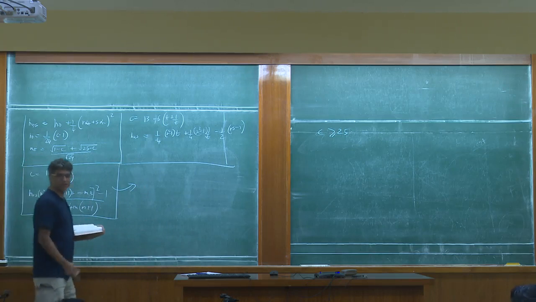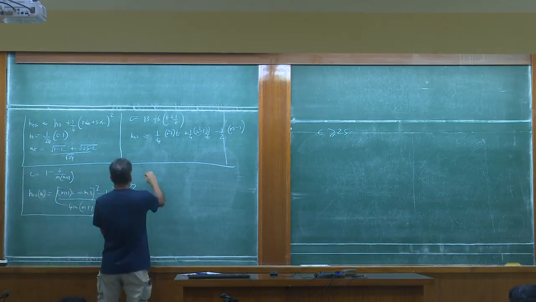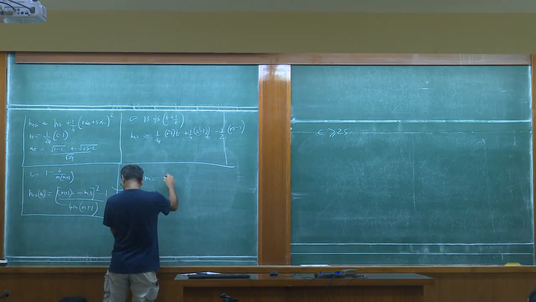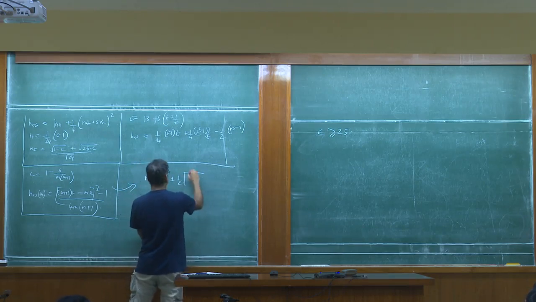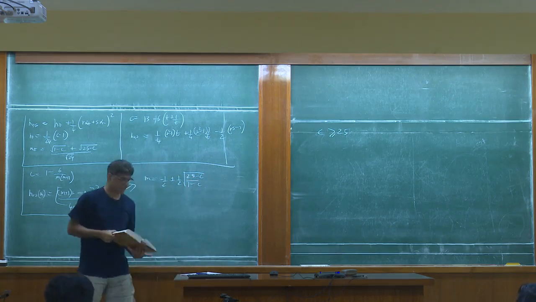Actually, I'd written that solution also last time in the class. We have m is equal to minus half, just solving the quadratic equation, plus minus half into the square root of (25 minus C) divided by (1 minus C).